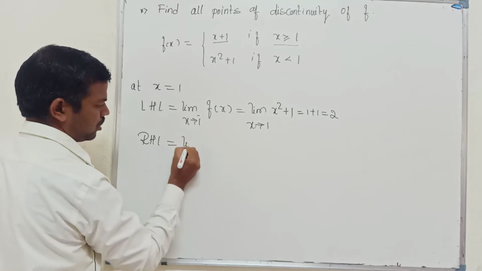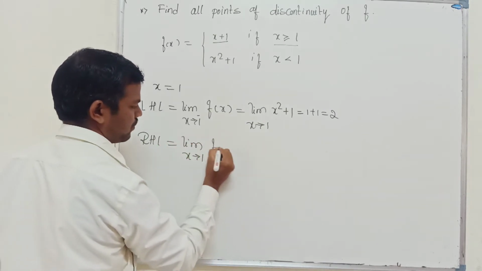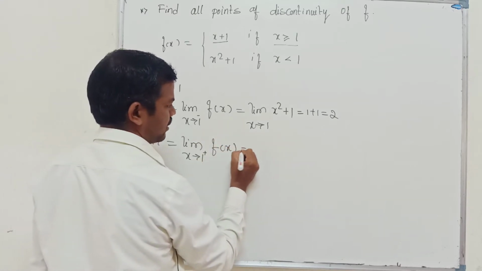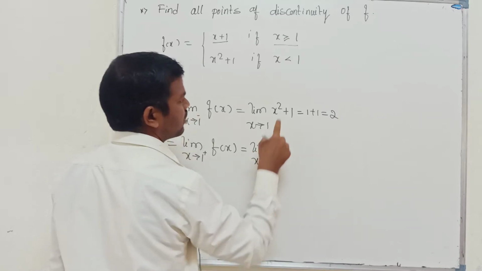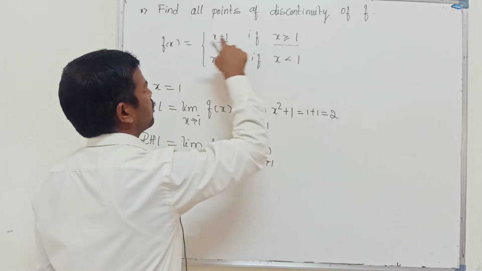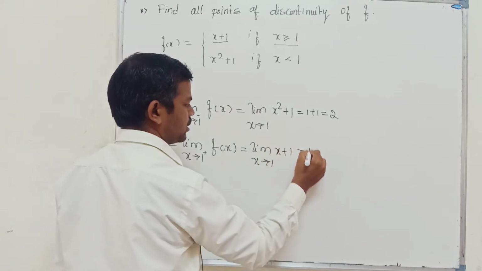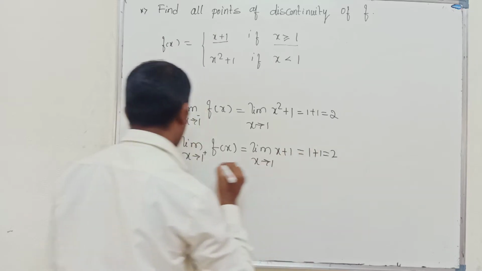RHL is equal to the limit as x tends to 1 plus of f of x. Right hand side means greater than 1, so we have x plus 1. Substituting 1, we get 1 plus 1, that is equal to 2.